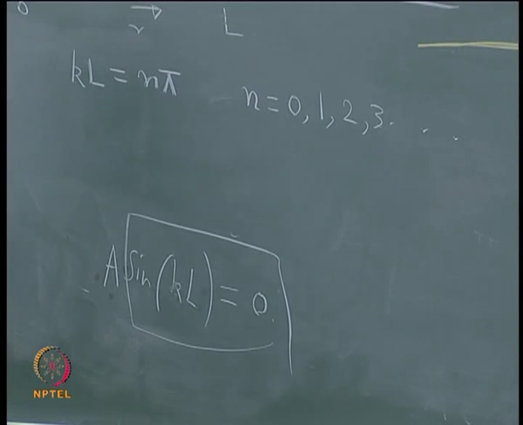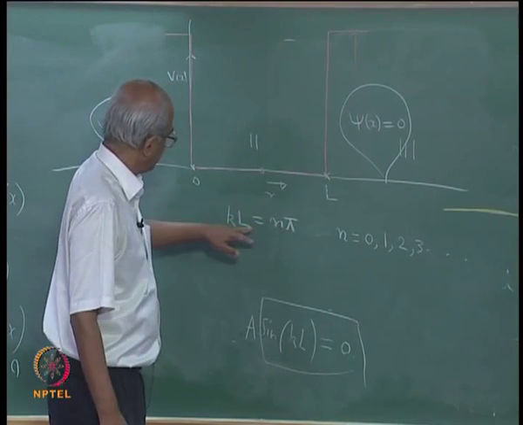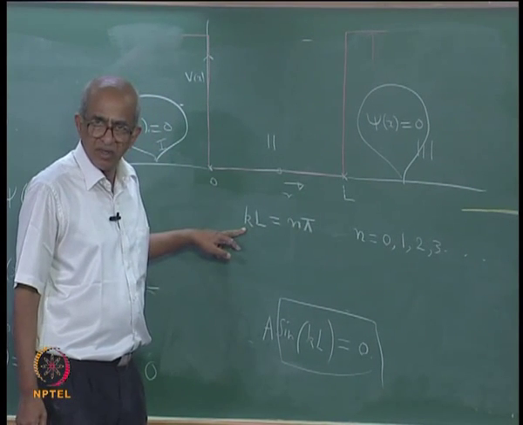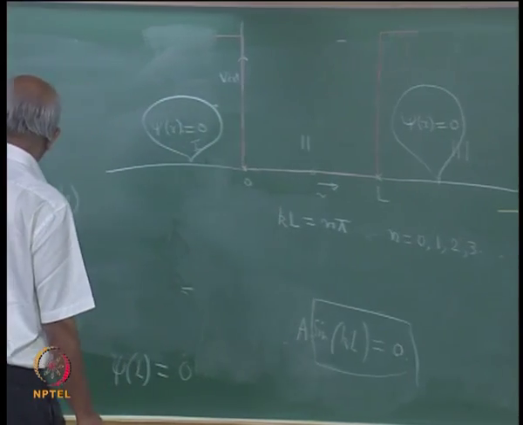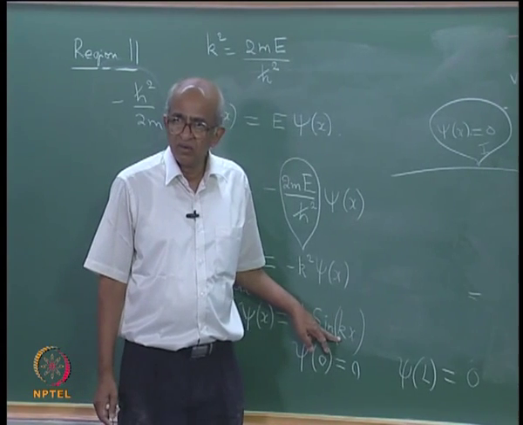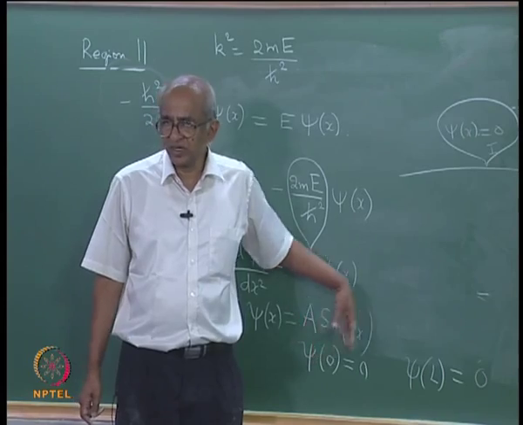Okay. But suppose I choose the case with n equal to 0. If you put n equal to 0, what will happen? You will have k into L equal to 0, that means k must be equal to 0, and if you have k equal to 0, what will happen to the solution? You will get 0 again, which is something that you do not want, that is not an acceptable solution.